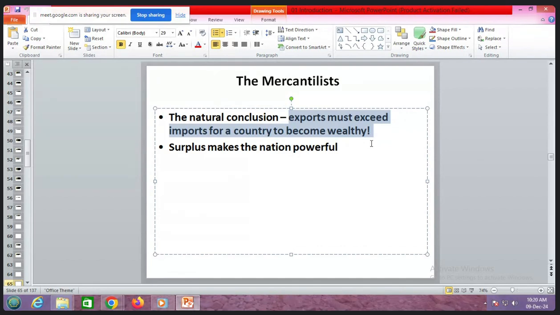So what is the conclusion here? Every country, if it wants to become wealthy, has to export more than it imports. It is as simple as that. More gold and silver, more precious metal, because when exports are more than imports, the inflow of precious metals will be more than the outflow. That is going to result in a surplus in your economy, and that is going to make your nation powerful.